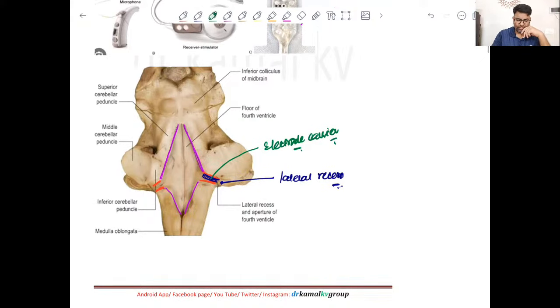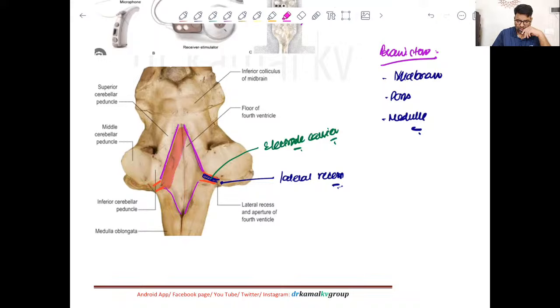And whenever we say brainstem, I think most of you must know what structures are there in the brainstem. We have three structures: the midbrain, pons, and medulla. And now here we just discussed that this is the fourth ventricle.